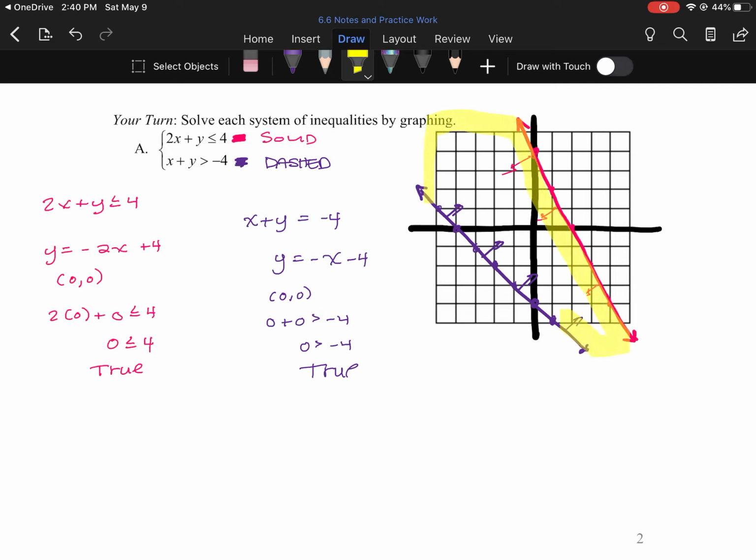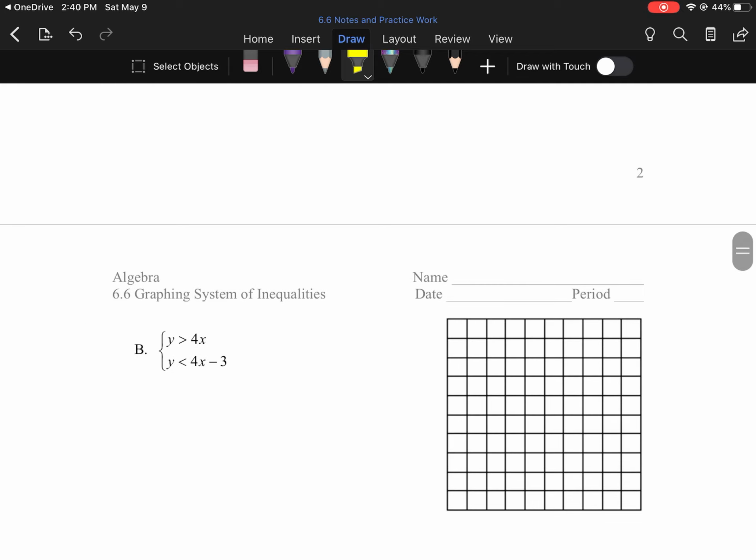So that means my solution region is everything in the middle there. Okay. On to part B.